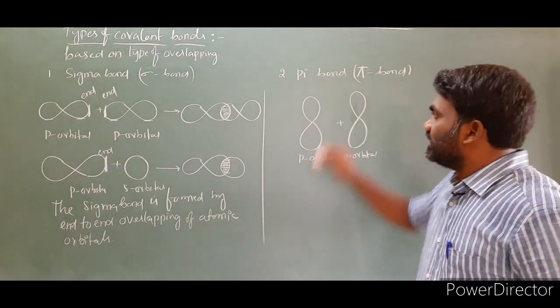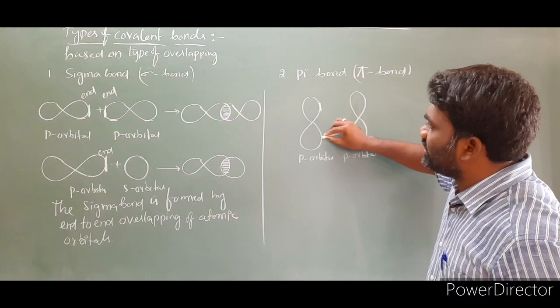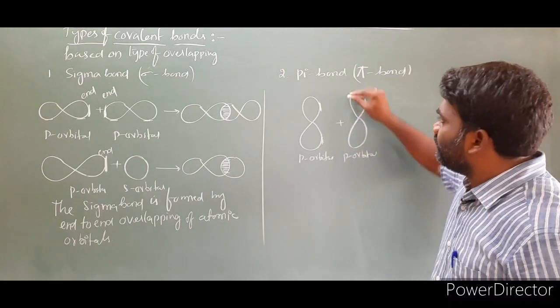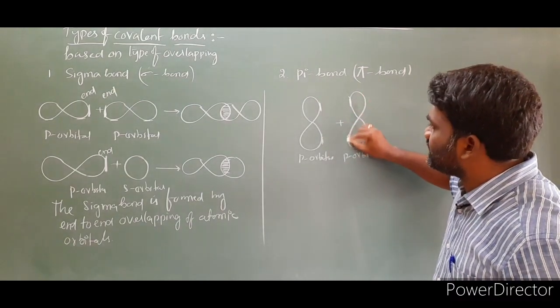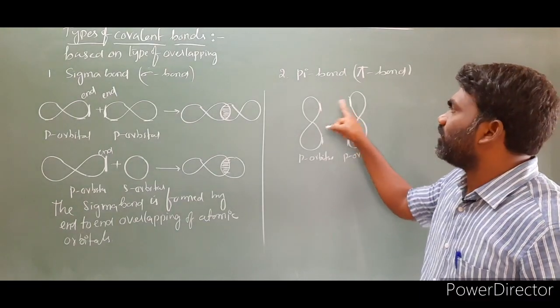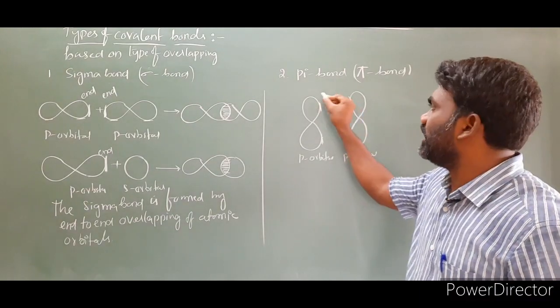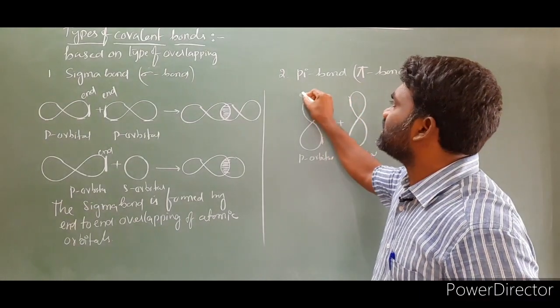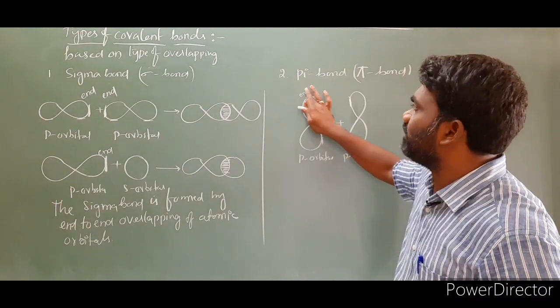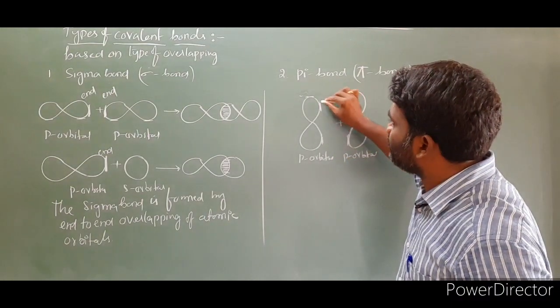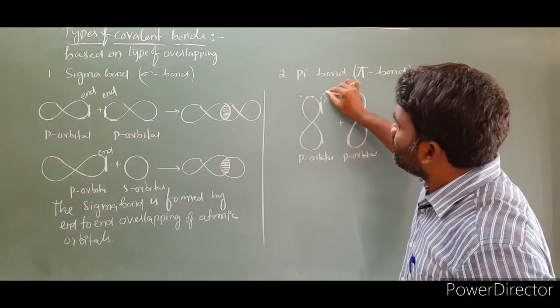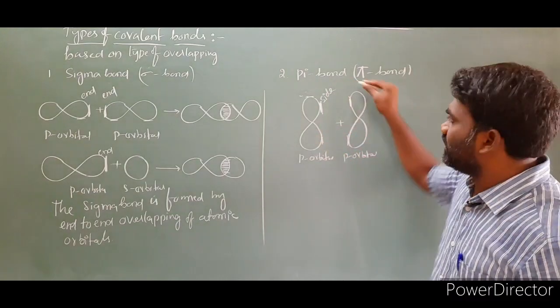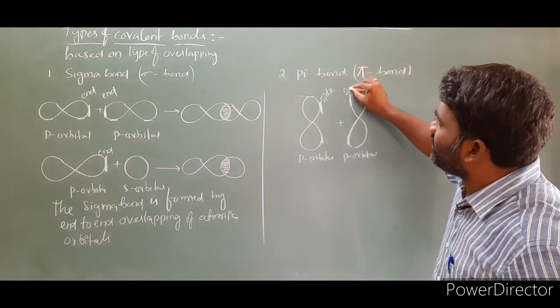These are two p orbitals. This is the side part of this p orbital, and this is the side part of the other p orbital.